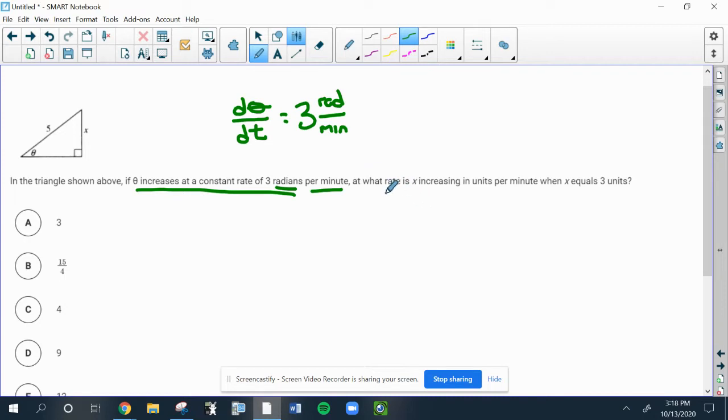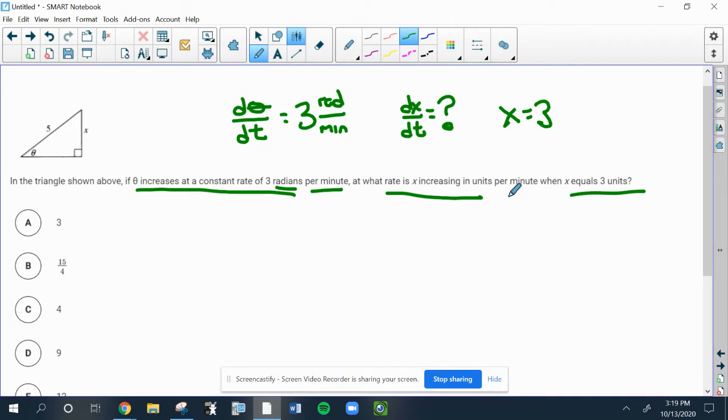It's asking what rate x is increasing. So it's asking how fast x is changing, when x is 3. So we have to set up a normal equation that relates our variables.